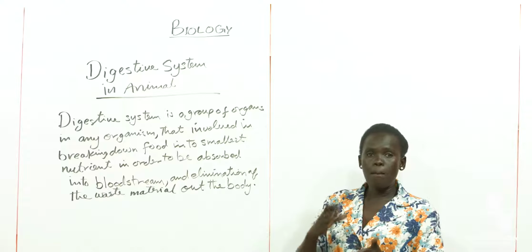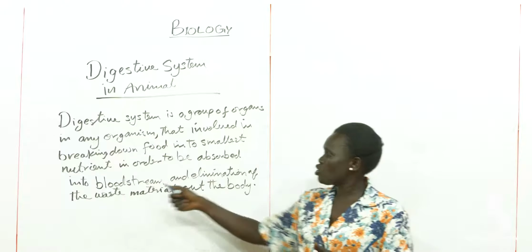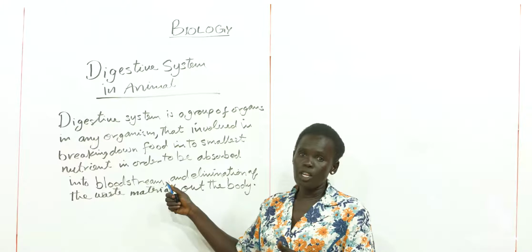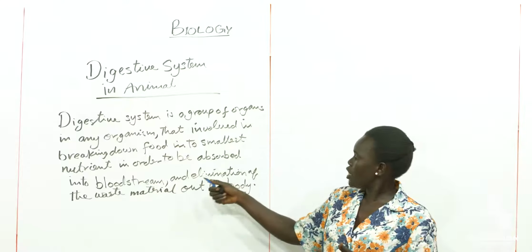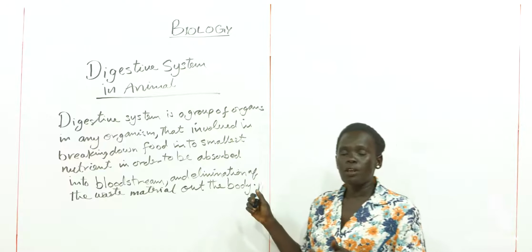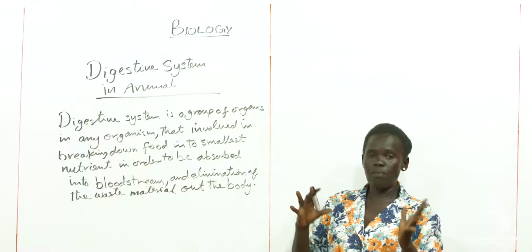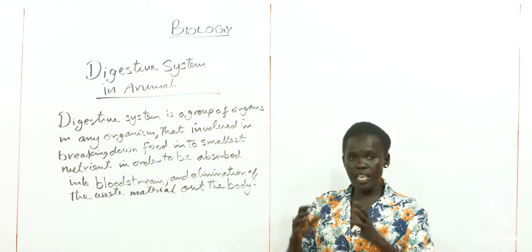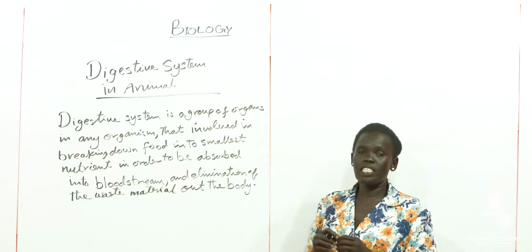Why is it broken down? In order to be absorbed into bloodstream. Not only that, this group of organs eliminate the waste material out of the body. So all these organs which are involved in breaking down of food, absorption of food, and eliminating the waste, these are the group of organs that form digestive system.